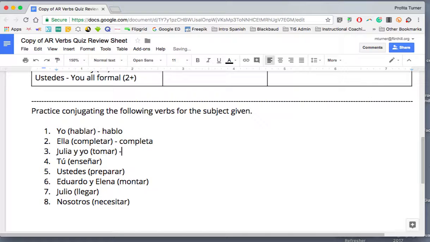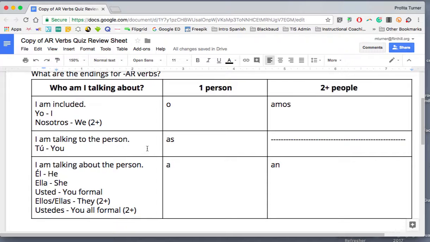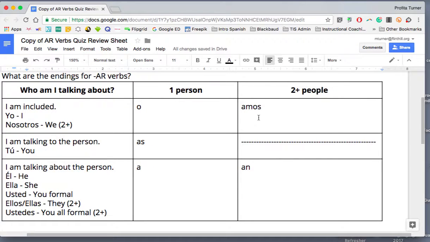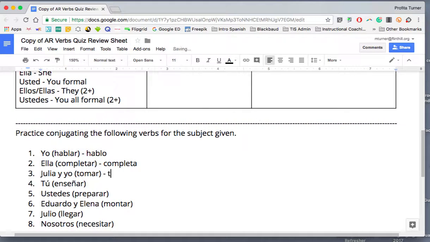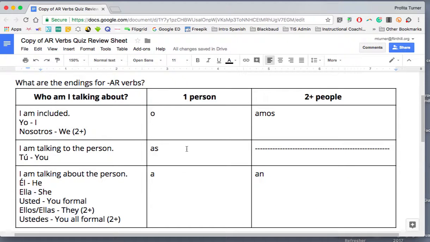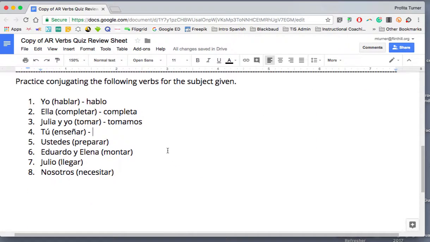Julia y yo, that's Julia and I, so I'm included in the statement. It's more than one person, so that would have to be nosotros, so my ending is amos. Take off the AR, that leaves me with tom, and then I add amos, tomamos. Tú, that's you, so that's the second row, so my ending has to be as.